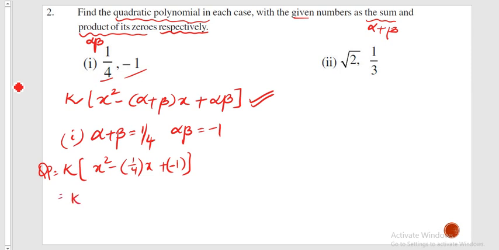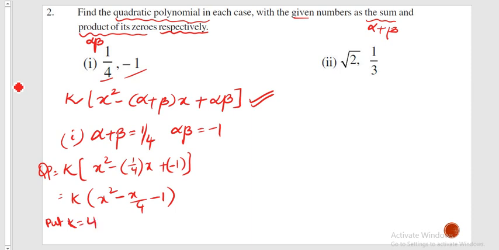So k times of x square minus x by 4 minus 1. Now to make this polynomial with integer coefficients, I am taking k value equal to 4.